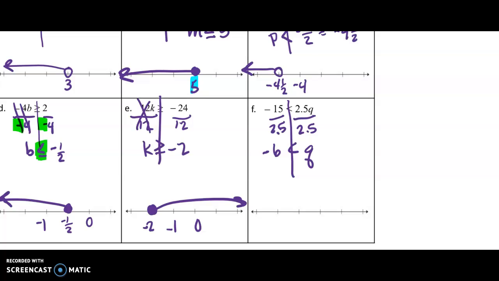But q is on the right side, so I'm going to make it go on the left. The bigger side is closer to q, so I'm going to keep it that way. And then negative 6, and this tells us that at negative 6, we have an open circle going to the right.